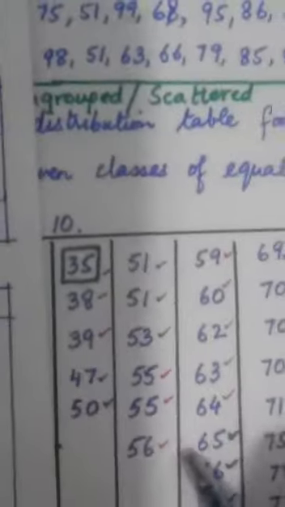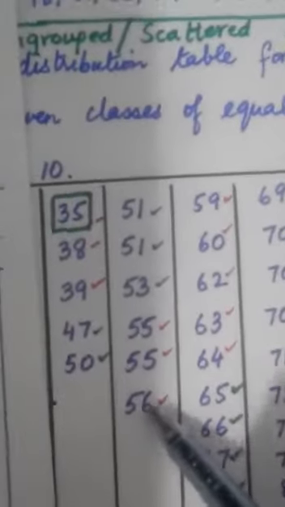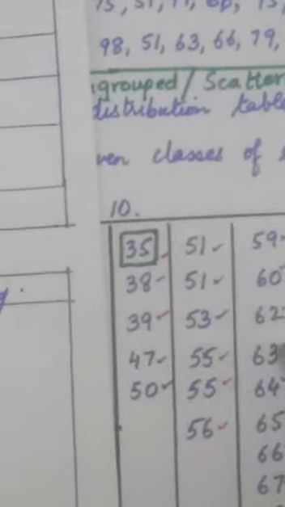Then from 55 to 64, observe here again that we have to proceed from 55 further. It is 56, 59, 60 and so on; you have to count all those in red till 64 and then write them in your table.